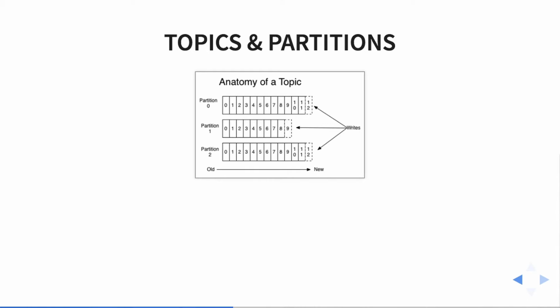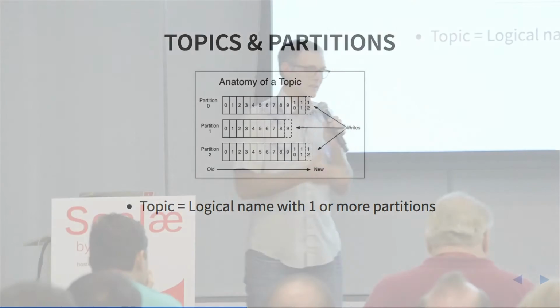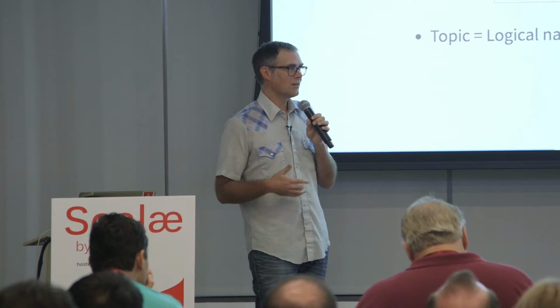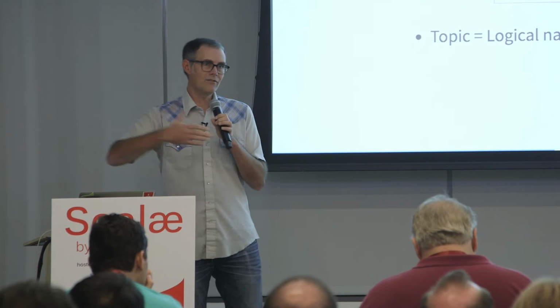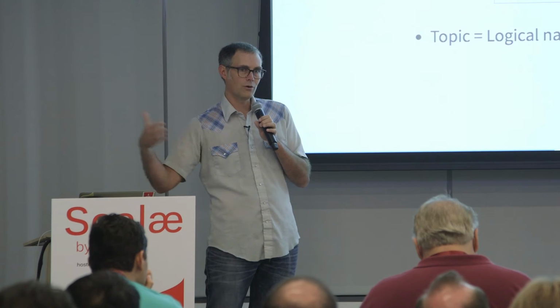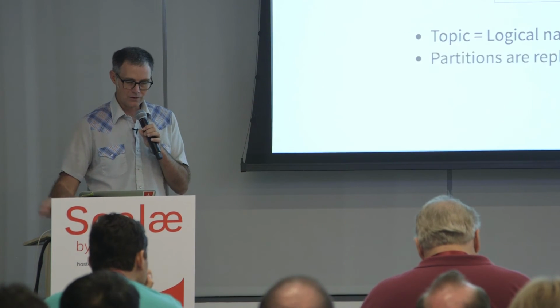We have topics, and those are really just a name for something that groups together one or more partitions. A partition is the way that we get our horizontal scale in Kafka. A partition can exist on a different node within the cluster. So we have partitions scattered across the cluster, and then we can do horizontal scaling, the traditional sharding way of doing things.